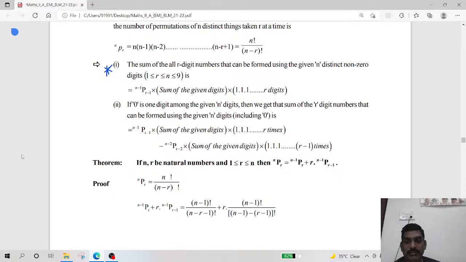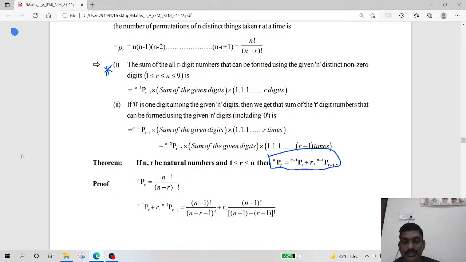Here nPr can also be written as (n-1)Pr plus r times (n-1)P(r-1). Let us take the RHS: (n-1)Pr plus r times (n-1)P(r-1).